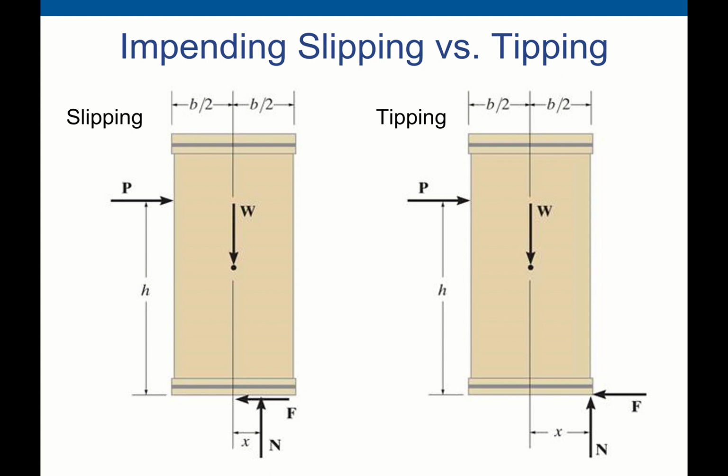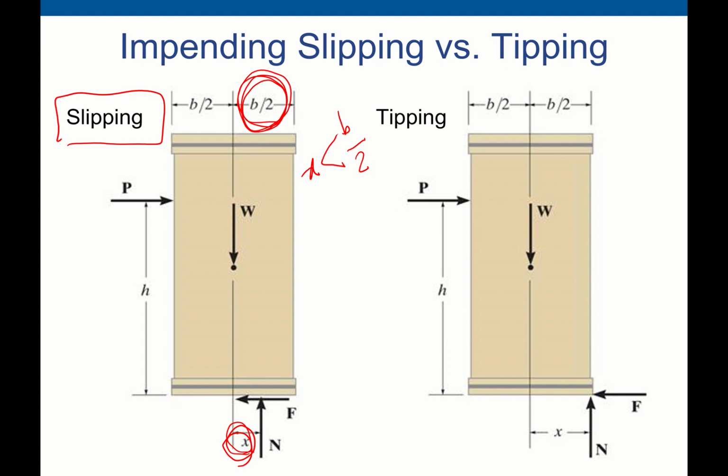How? The horizontal distance x from the center of the box to the line of the normal force, we call this distance x. If this x is less than b over 2, then this box will slip.